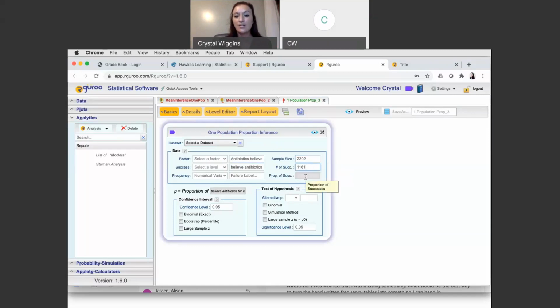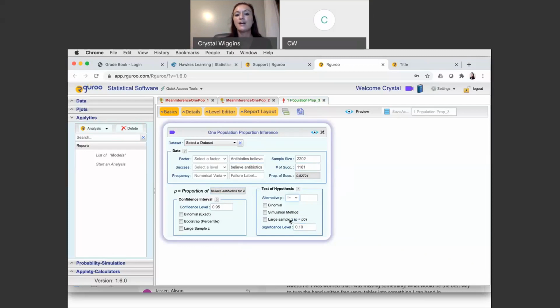Our guru is going to calculate the proportion of success for us. Now, notice how this fills in, proportion of those who believe in antibiotics for viruses. I probably could have worded that better. Our confidence level, oh, we're not doing confidence intervals, so skip that. Here over the hypothesis test, our significance level is 0.10. Our alternative was a not equal to sign.